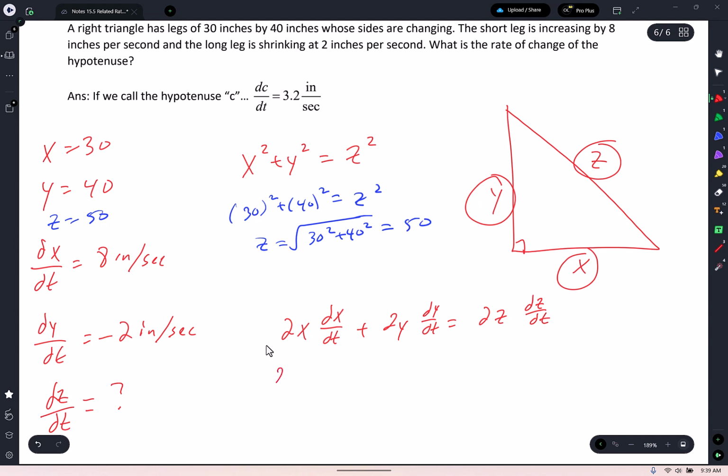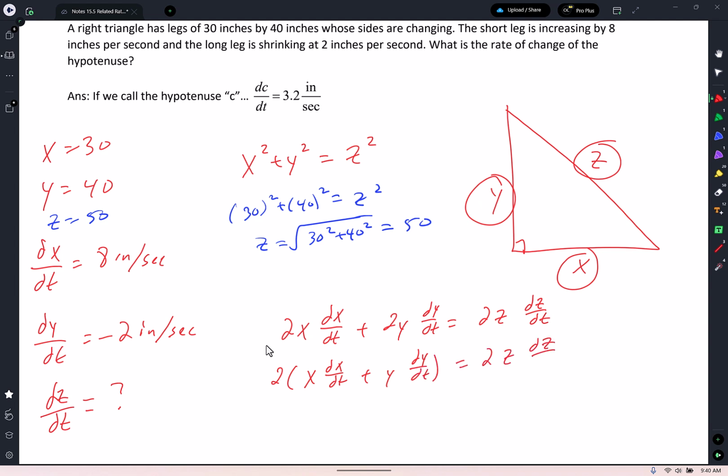Factor it out? Okay, so if you factor out the 2, you can cancel it. See? Divide by 2, divide by 2. So now you have x dx dt plus y dy dt equals z dz dt.